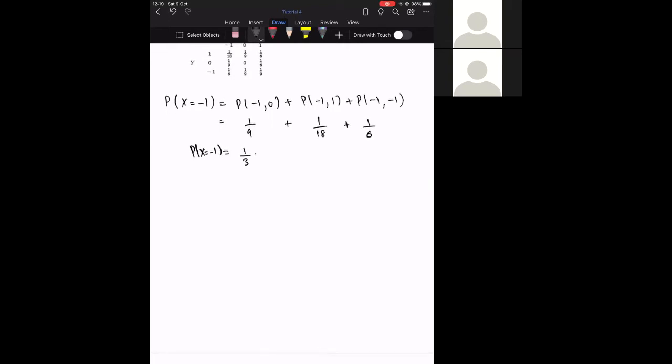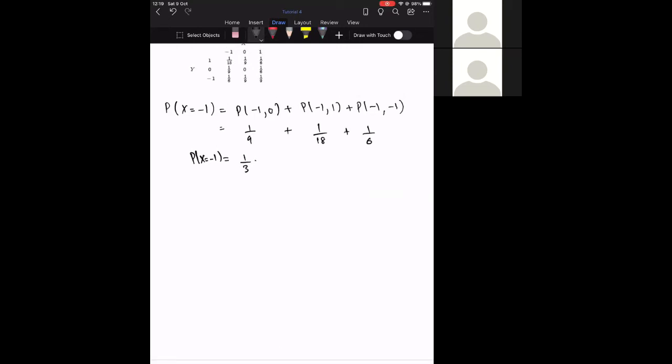Now, what do we want? We want the conditional probability function of y given x is equal to -1. Y can take on 3 values only. That's defined already. So let's define the conditional probability function as y given x equals -1.